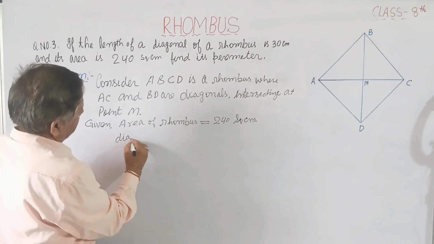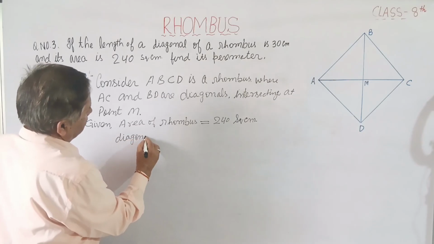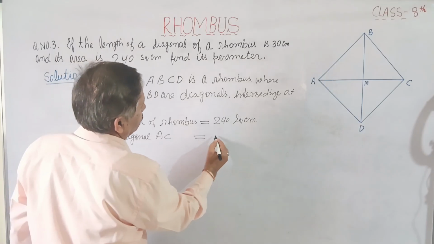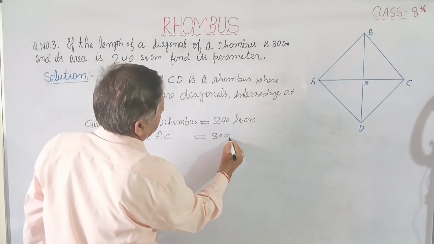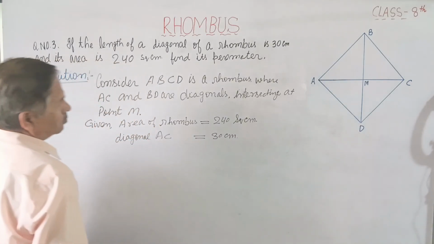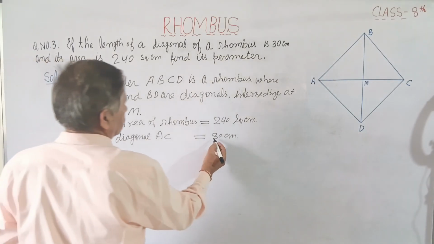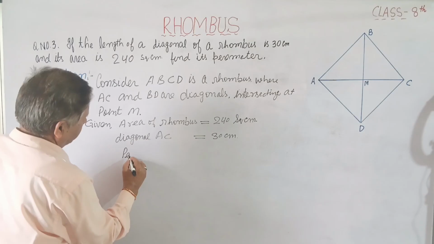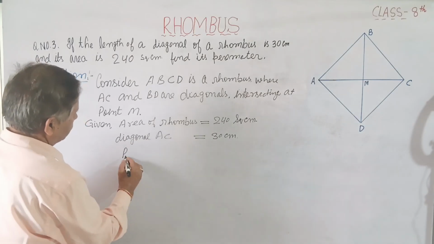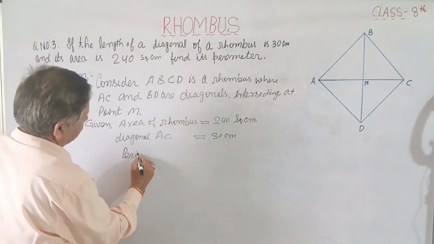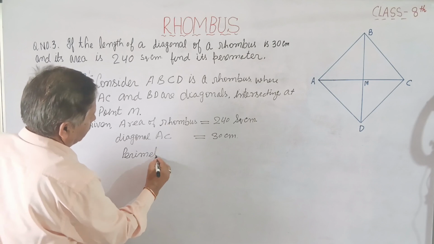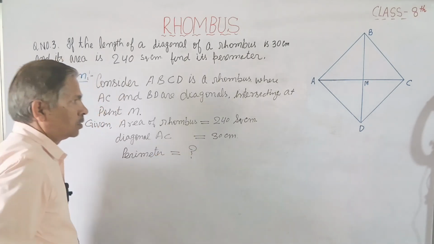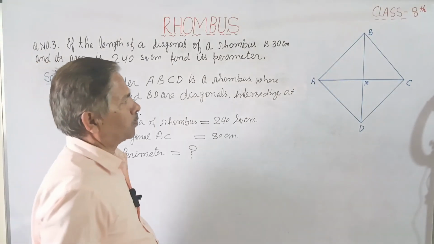Diagonal AC equals 30 centimeter. We have to find out the perimeter, so we will write perimeter we have to find out. Means we have to calculate the perimeter.